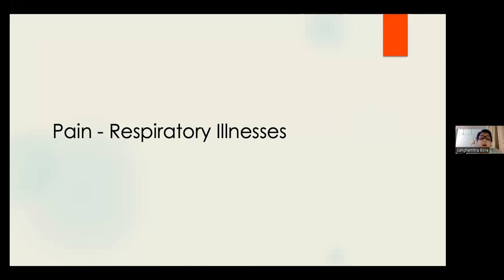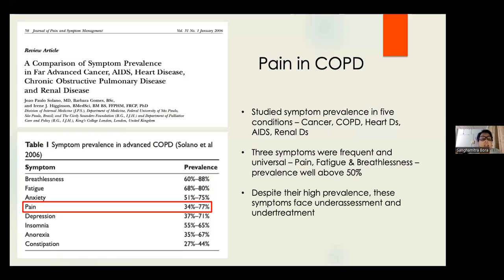So I come to the last part, pain in respiratory illnesses. I've got some amount of research, a little bit of evidence, and certain important facts here. There's a review article by Solano et al., which is considered to be one of the best papers because it has studied symptom prevalence in 5 conditions: COPD, cancer, heart disease, AIDS and renal diseases.